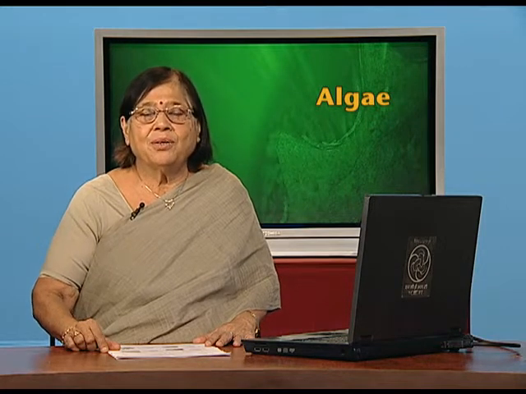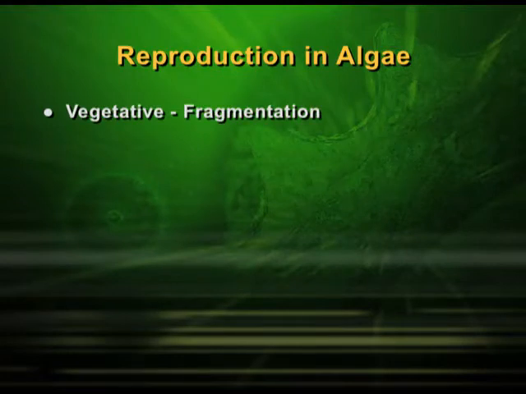Now, we come into details. Now, let us understand how reproduction takes place in algae. Algae by nature are simple structures. So, vegetative reproduction can take place by simple fragmentation. Of course, in algae we find vegetative reproduction, asexual reproduction and also sexual reproduction.